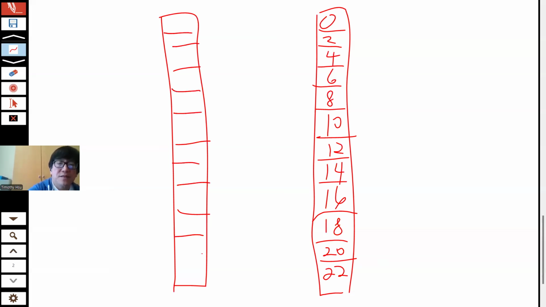Okay, so 12 boxes on the input. Now remember the old subgroup was 0, 6, 12, 18.